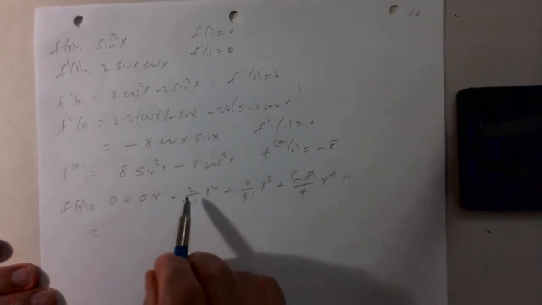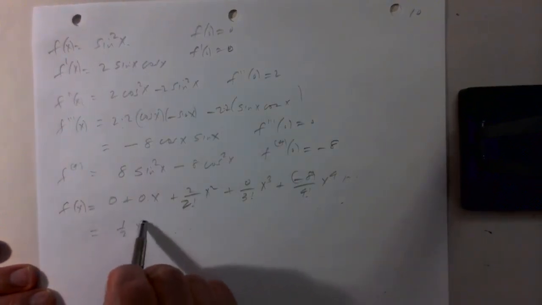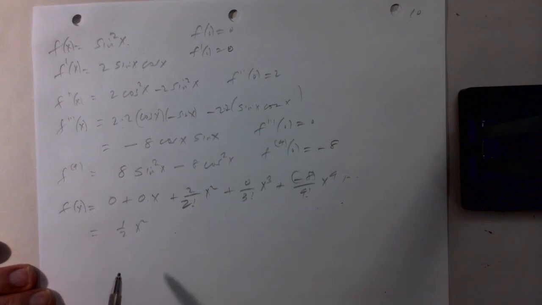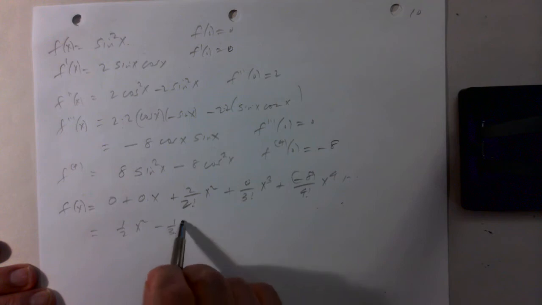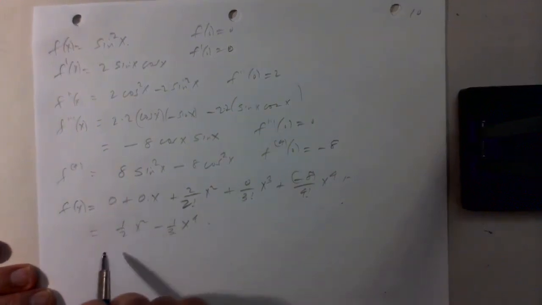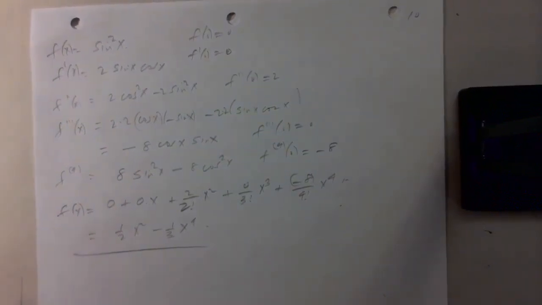So this is 1/2 x squared minus 1/3 x to the 4th, and so on. Let's just stop right there and see if we can find a better way to work this out.